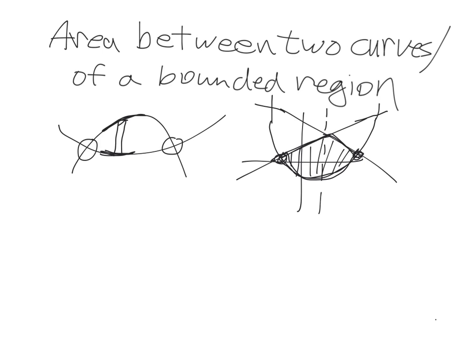First, we'd have to think 2 separate integrals, go from here to here, where this one's the top and this one's the bottom, top minus the bottom, and then go from here over to here for the second piece. And the top this time would be the other line, bottom still would be the parabola. So we saw lots and lots of different setups for that.